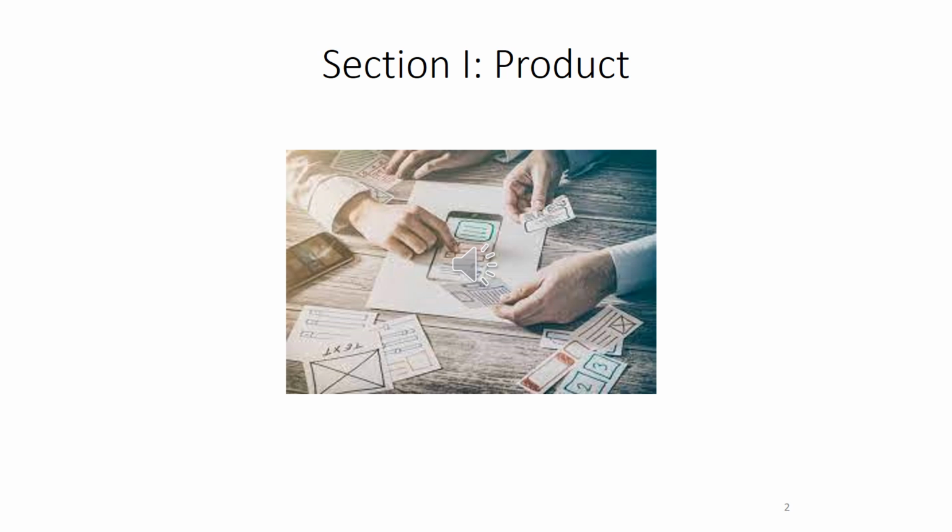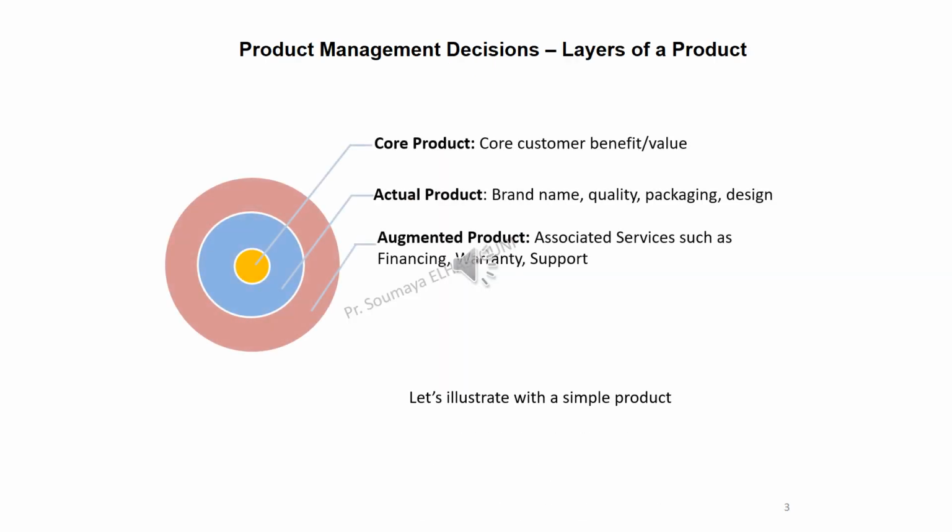Okay, so now let's take a closer look at the product structure. On this slide, we see a framework that represents the 3 layers of the product, that are the core product, the actual product, and the augmented product. Let me explain these layers one by one, starting with the core product.